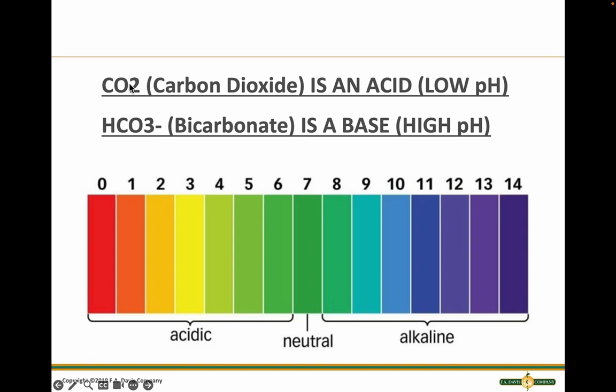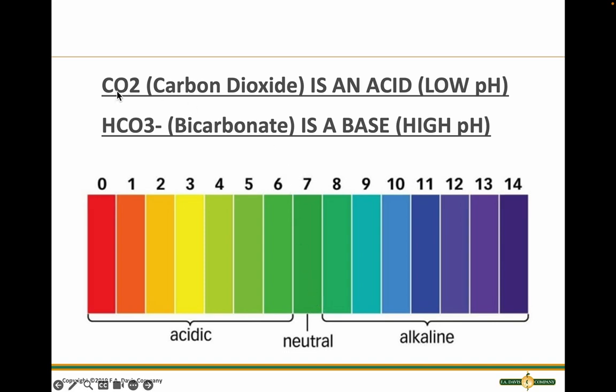So don't forget that carbon dioxide is an acid. I added this picture just to show you a pH scale. This is 0 going up to 14, and neutral in chemistry is at 7. We live somewhere around 7.35 to 7.45, our blood pH.